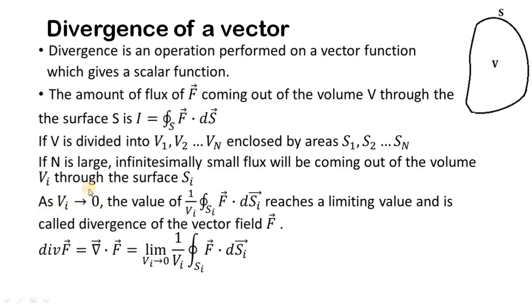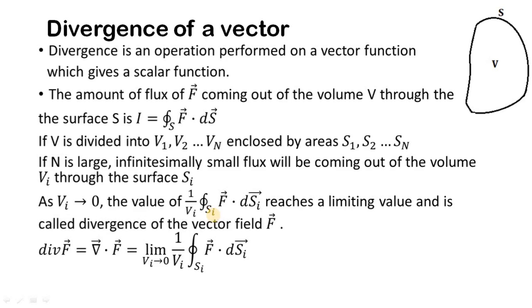Now, as Vi tends to 0, the value of 1 by Vi into the closed surface integral over the surface area Si of vector F dot dSi, which is nothing but the flux coming out through the surface area Si per unit volume, reaches a limiting value.